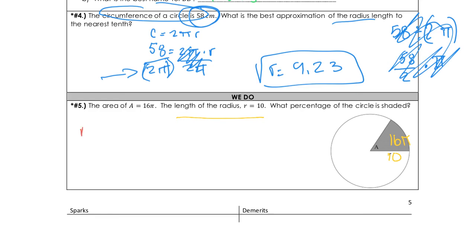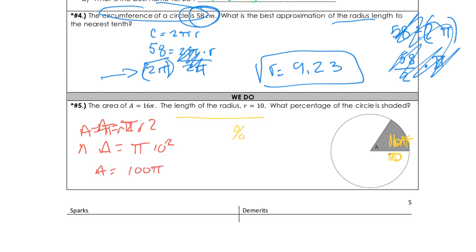Well, if I wanted the whole area, pi r squared is area. And I know the radius is 10. So 10 squared is 100. So the area of this whole circle is 100 pi.